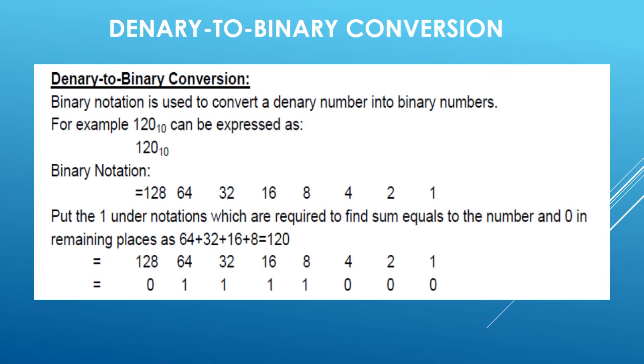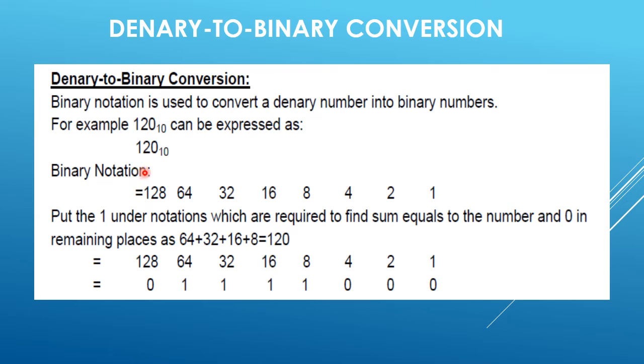To convert a denary number into an equivalent binary number, again we will use binary notation. For example, 120 is the given denary number that can be expressed in binary notation.